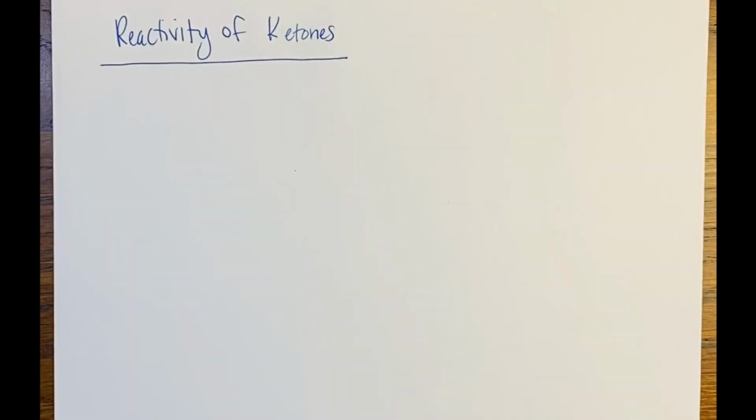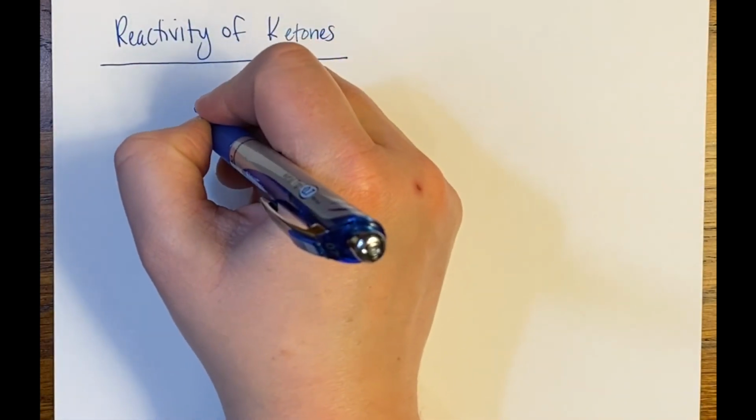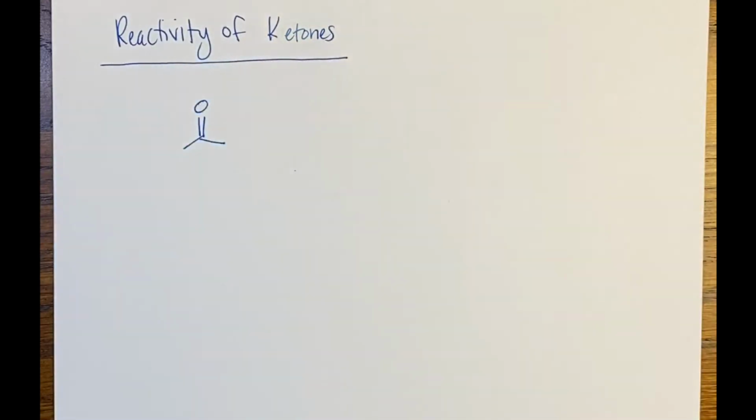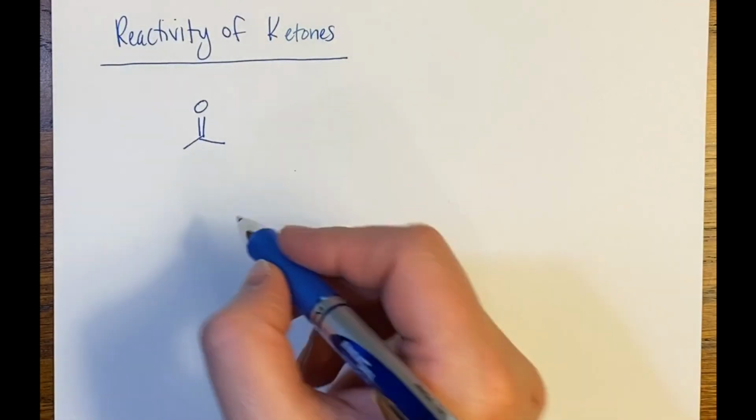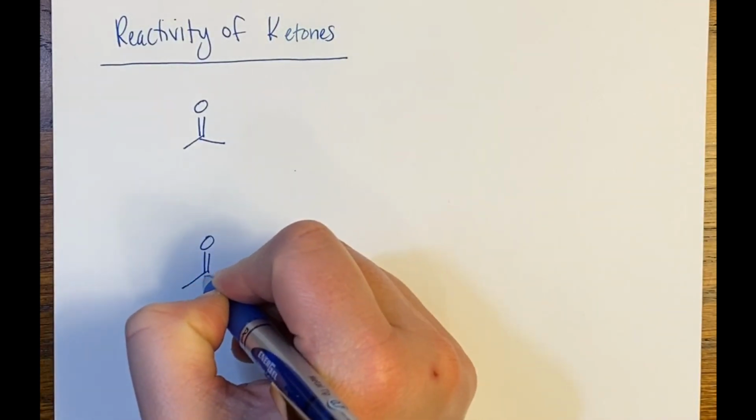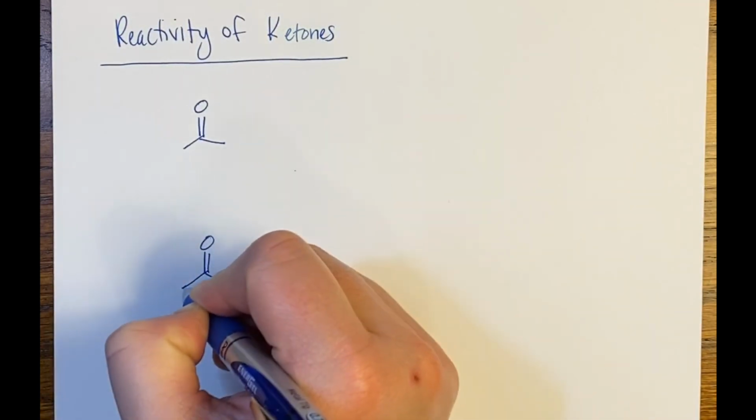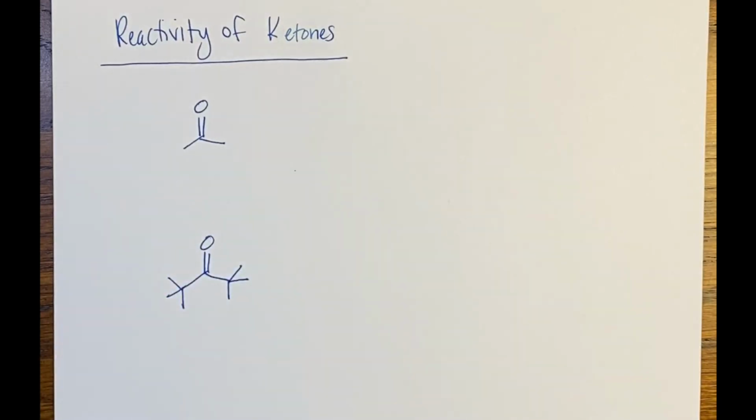When it comes to the reactivity of ketones, there's a little bit of steric consideration that we need to account for. If I have a ketone like acetone or 2-propanone, where I have methyl groups on either side of that carbonyl, compared to a ketone like this one, where I have tert-butyl groups on either side of that carbonyl, we know right away that this ketone with the tert-butyl groups is going to have more steric hindrance.